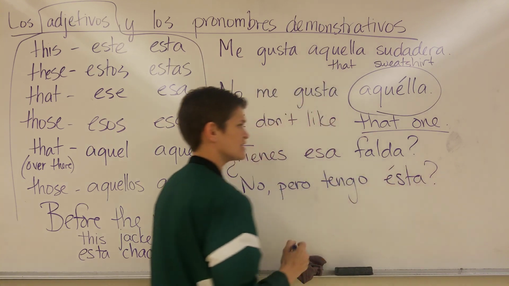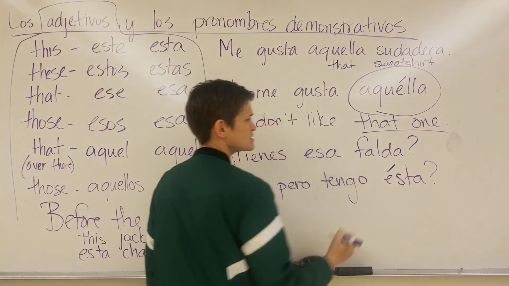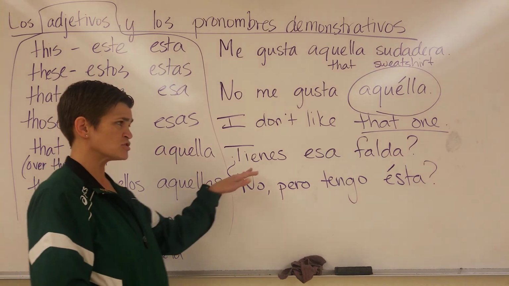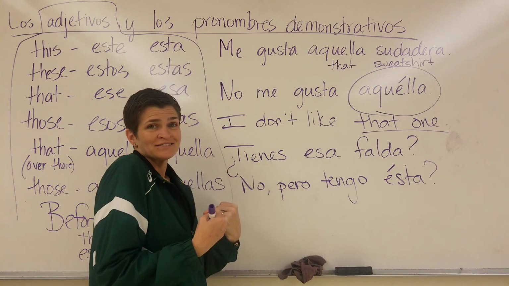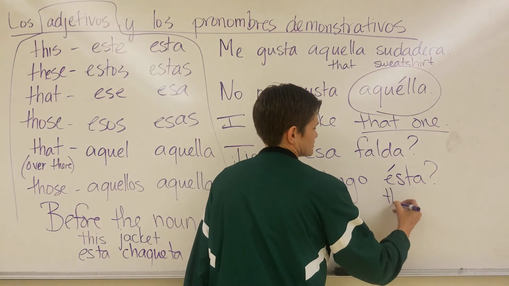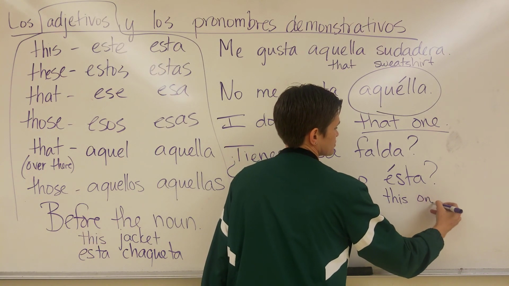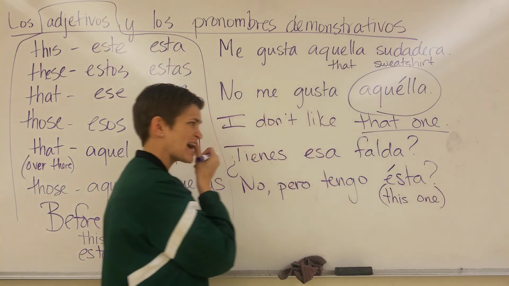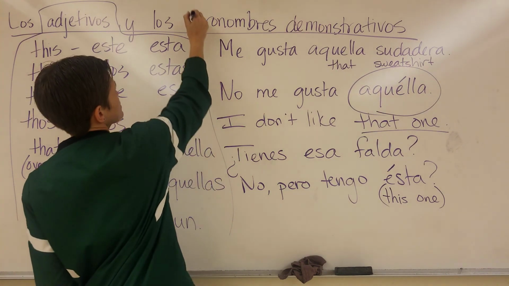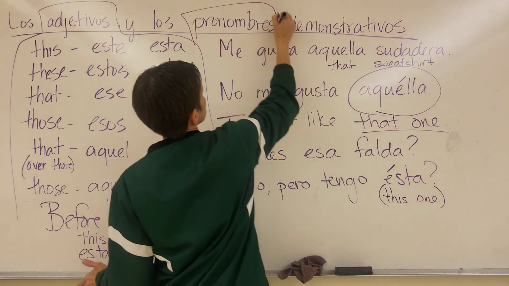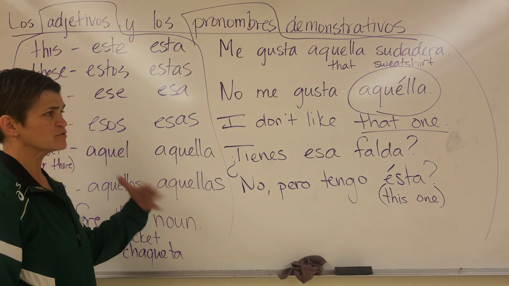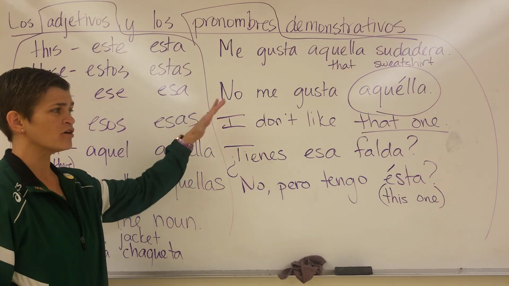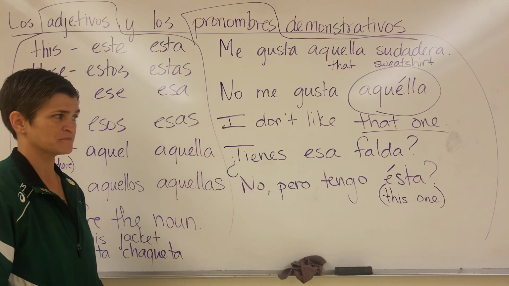And I'm going to put an accent on the E, because that's the strongest vowel. So do you have that skirt? No, but I have this one. And it's going to be a noun. So it's acting as a pronoun. So this is going to be this section right here when we talk about pronouns. It's when we use it in place of the noun, and they're all going to end up with an accent.